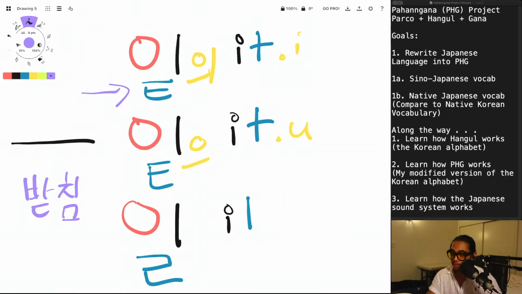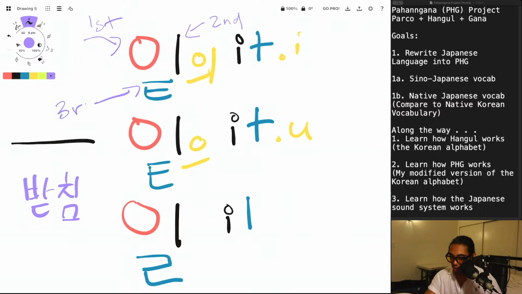Initial, middle. So if we look here, for example, here's the initial, the first one. Here is the second one, the middle, and then the final of a consonant cluster, or a phoneme.